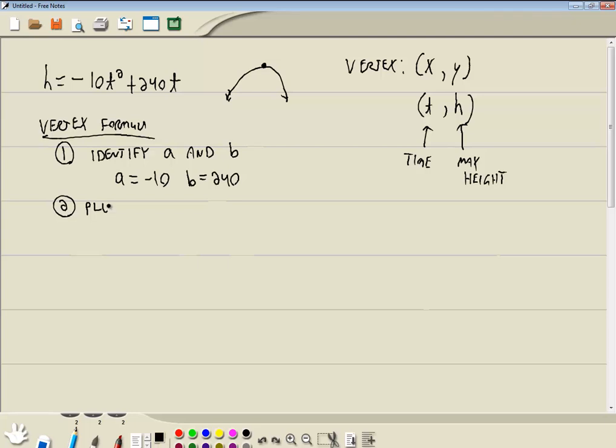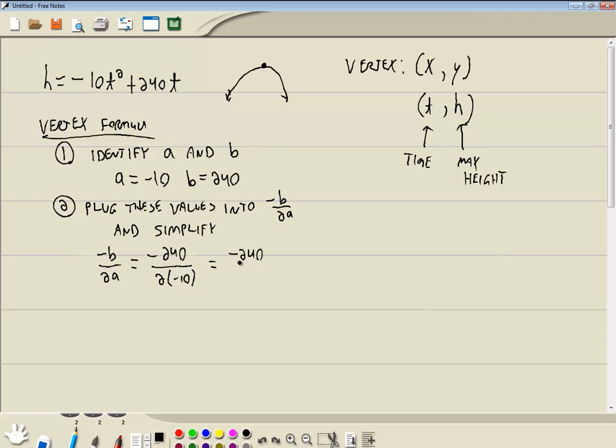Step 2 then, you want to plug these values into negative b over 2a and simplify. So we've got negative b over 2a. Negative, and b is 240, over 2 times a, and a is negative 10.